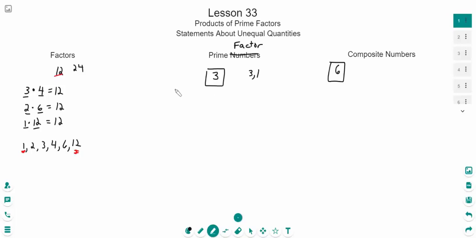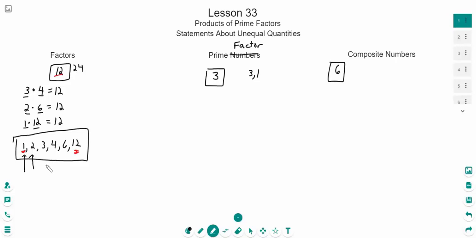All right, so going back to these factors for 12, right? We're looking at the 12 over here. Here are all of its factors. Are there any prime factors in there? Well, sure. Well, 1 is considered prime, but it's kind of trivial. We don't care much about it. 2 would be prime.